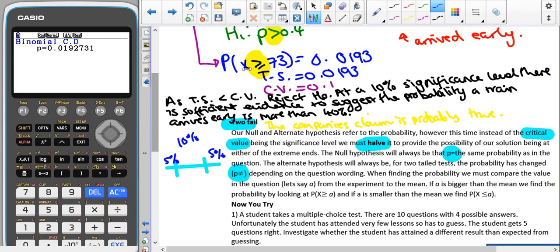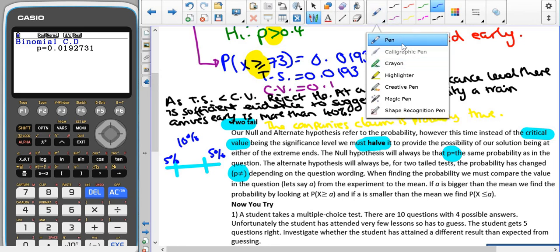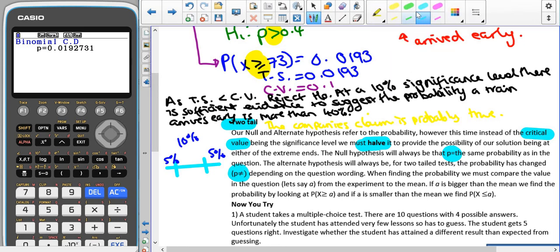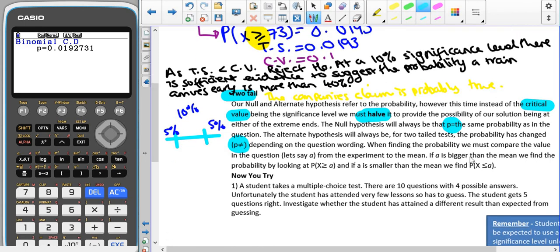Now, when we're trying to find the probability, we're obviously not going to look at it being less than or equal to and greater than or equal to. We're only going to have a look at one of those. And to help us decide which one, we're going to have a look at the mean value. So remember that the mean value is found by doing n times p.